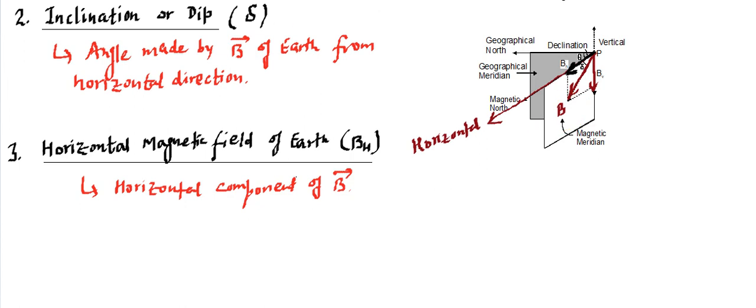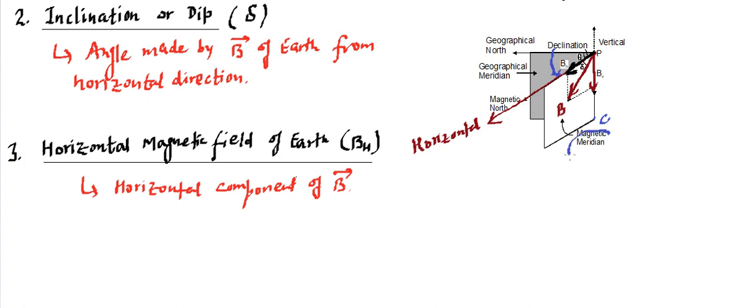Now how can we make those equations? Let's make some important equations that are going to be very useful for us. Let me quickly re-explain what we have understood. At any point on the Earth's surface, we are interested to know what the magnetic field is. We need to join with the center and draw the vertical line, and then create a geographical meridian, then use the declination to reach the magnetic meridian.